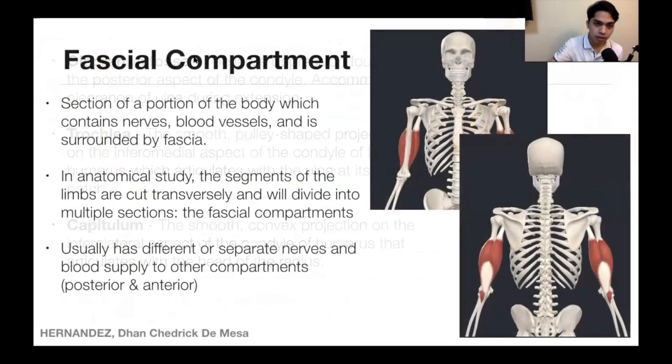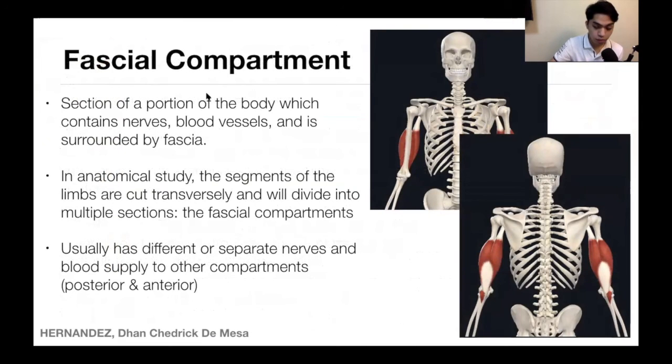Now let's go to the posterior fascial compartment. What is a fascial compartment? First, the upper limbs are composed of two segments. Each limb is composed of two segments. For the upper limb, it is majorly composed of the arm or the upper arm, just as referred to in here by Snell, but we're going to refer to it as arm.